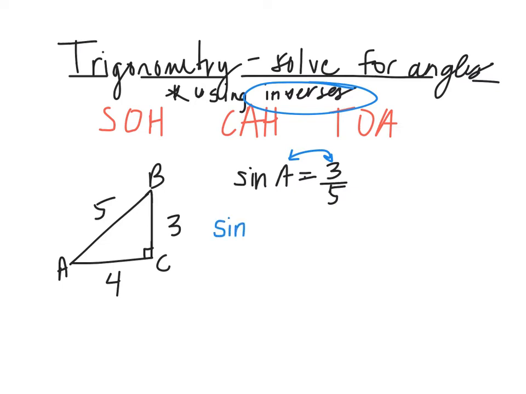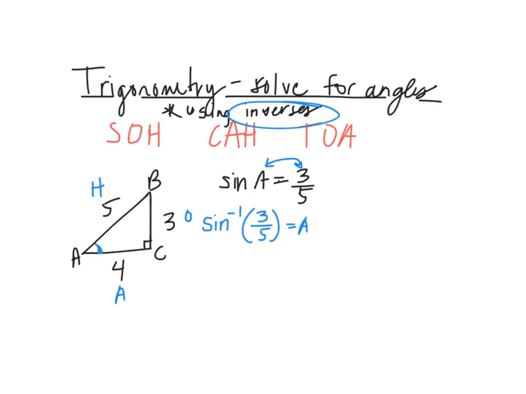Sine -1, sine inverse of 3/5 is A. And that's because if we're looking from A, this is my O, my H, and my adjacent. So when we're using inverses, you just flip it around.